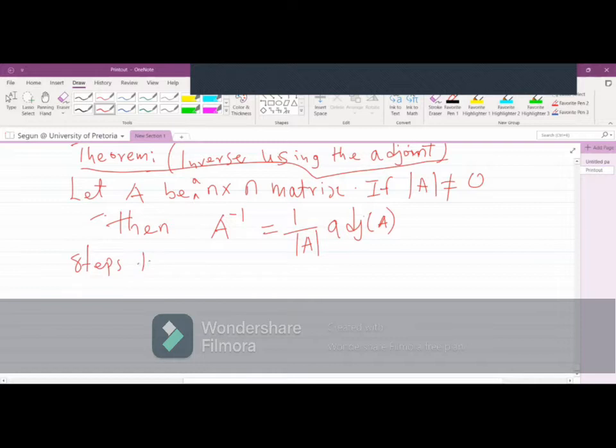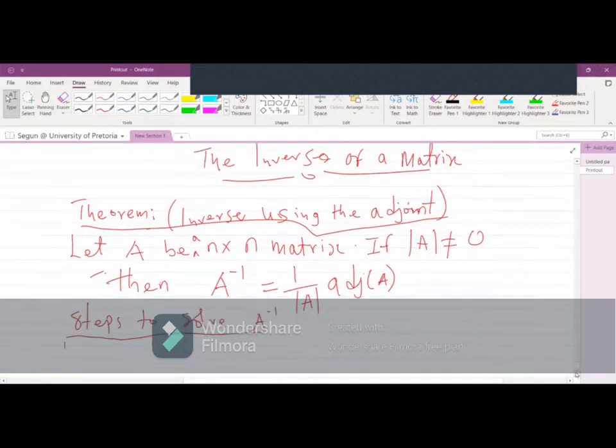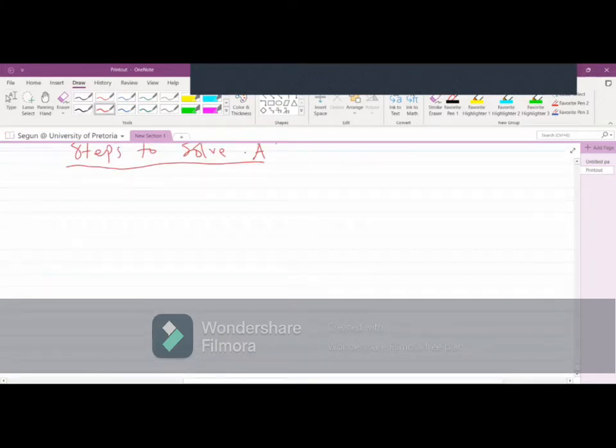The steps to solve the inverse of A. Let's look at the steps, one after the other. If you miss a step, you miss the mark. It's pretty simple.